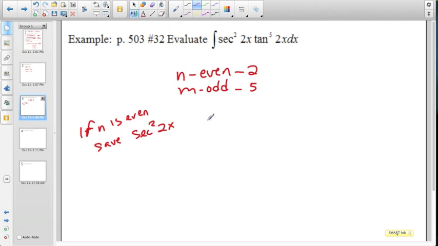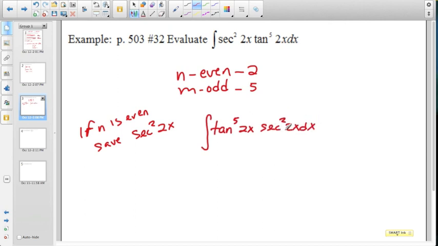And then we're rewriting the remaining stuff. We don't really have to rewrite it, although I'm just going to rearrange this a little bit. I'm going to write it as tan to the 5th 2x secant squared 2x dx.